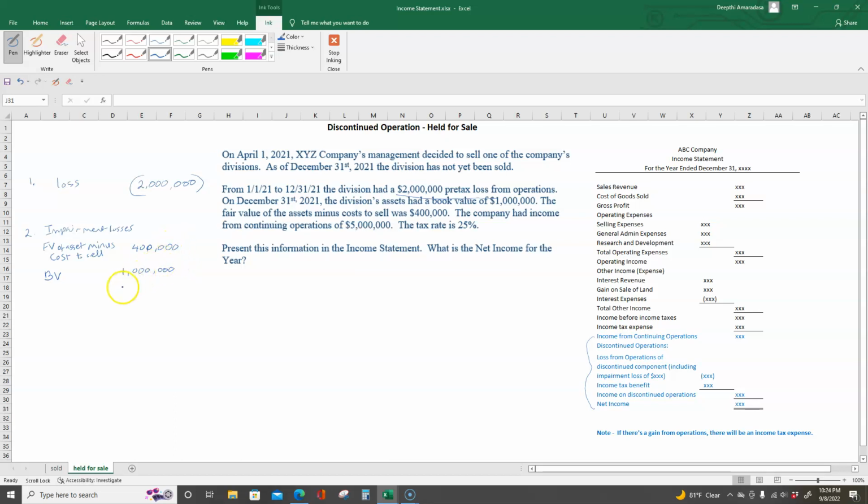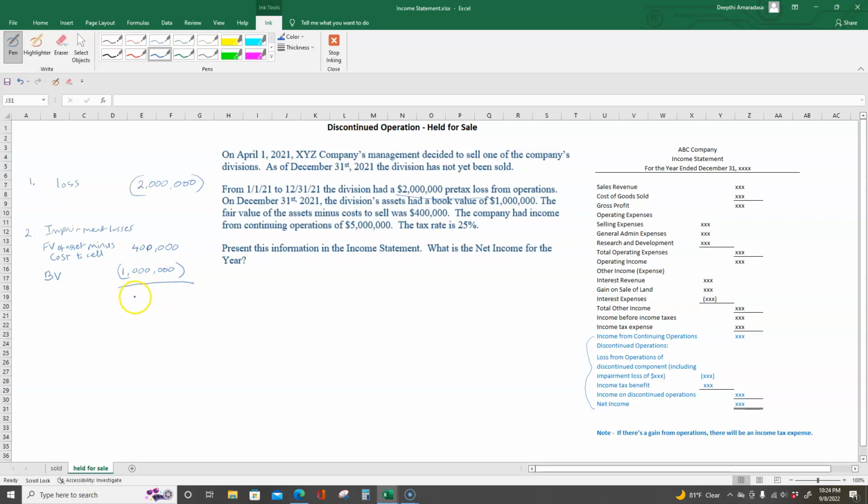So how do we write it down? We have to basically take a loss of $600,000. We're going to record a loss for the difference. To calculate the difference, you take 400,000 minus 1 million. If this is a negative number, then we have to include it. If it's a positive number, then we ignore it.